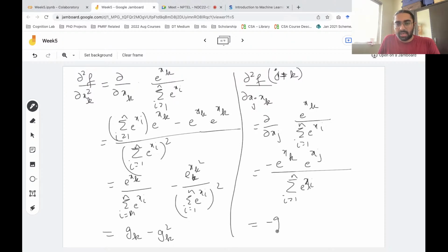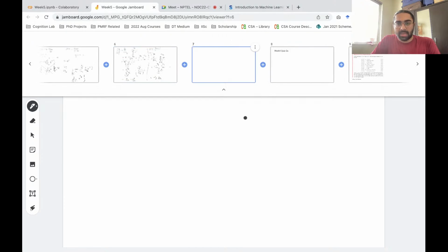So this is basically minus gi gk, right? So you have found what the individual derivatives, the double derivatives are.